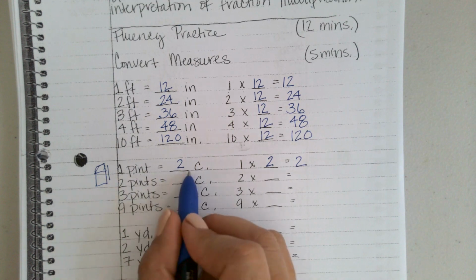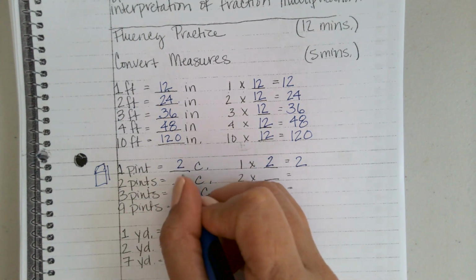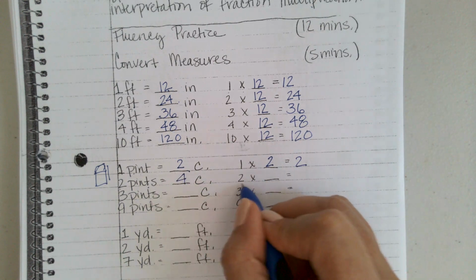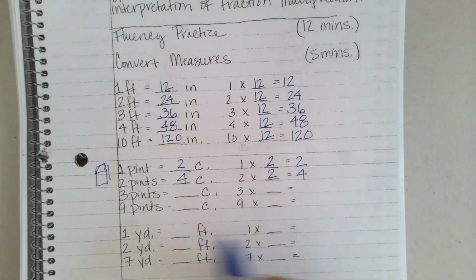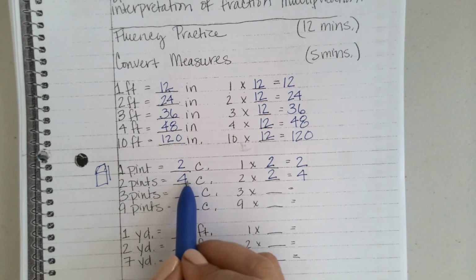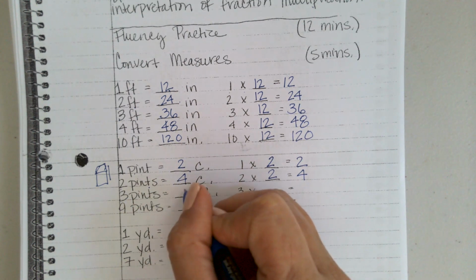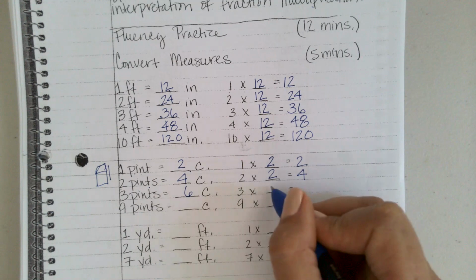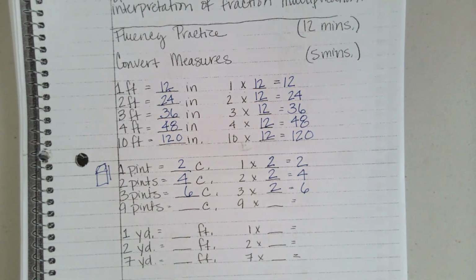So if 1 pint equals 2 cups, 2 pints is equal to 4 cups. So 2 times what? 2 is 4. 3 pints, if 1 pint is 2 cups, 2 pints is 4 cups. 3 pints has to be what? 6 cups. So 3 times what? 2 again is 6.